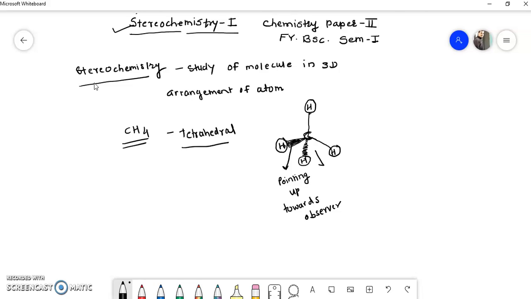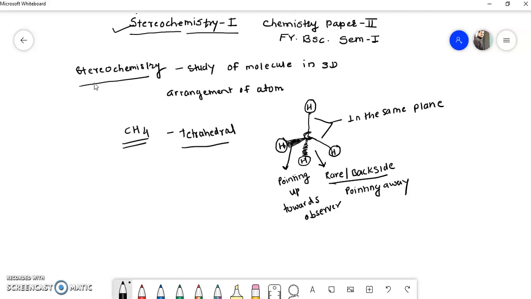Now this rear line represents that this group is at the rear side, or we can say the back side, pointing away from the observer. And these two lines indicate that these atoms are in the same plane.